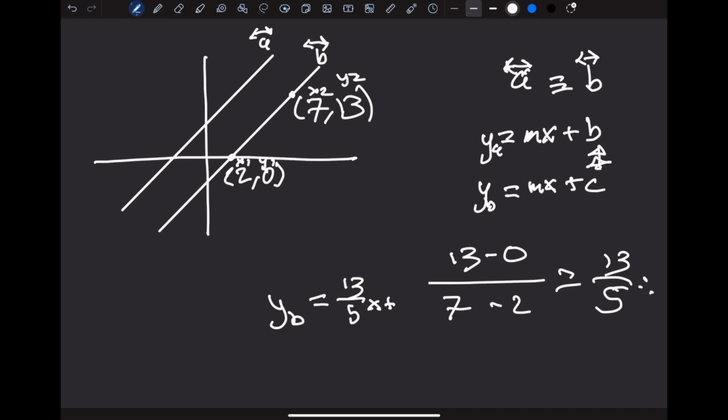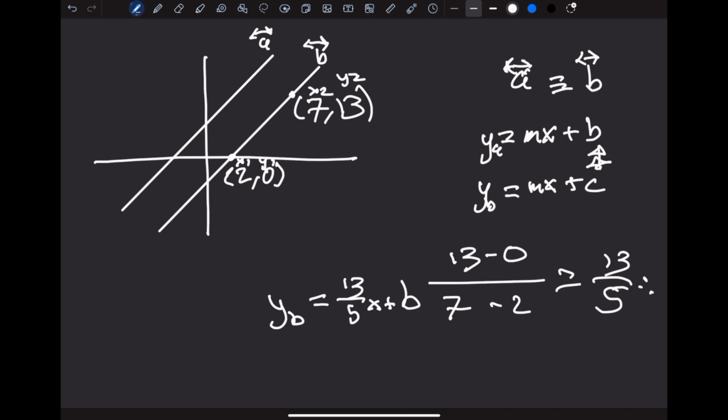So what we can do though is plug in. Since we know points on the graph, and we have the slope already, we can just use one of these coordinates to plug in. I would personally suggest using (2, 0) because it makes your equations a lot cleaner.